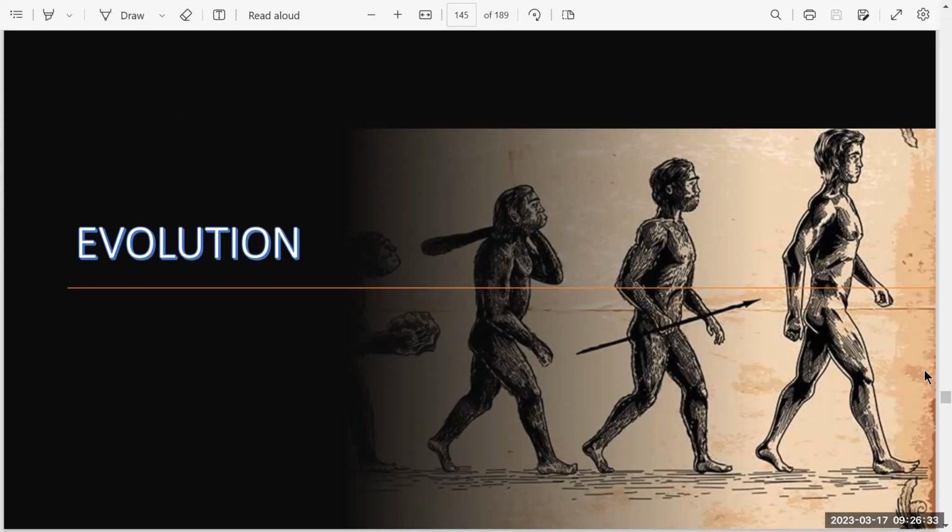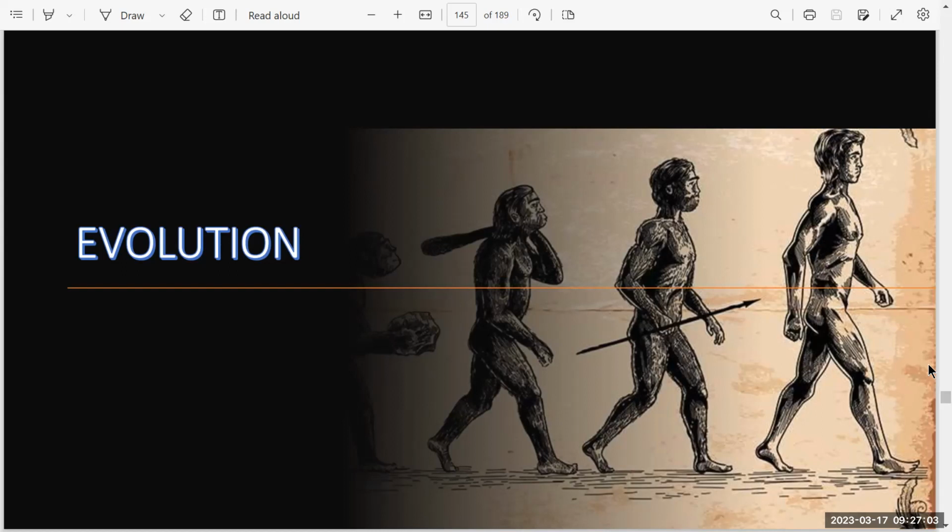That means the phenotype is changing, and the genotype is also changing. And these changes are inevitable. We can't stop these changes. All organisms are subjected to evolution.